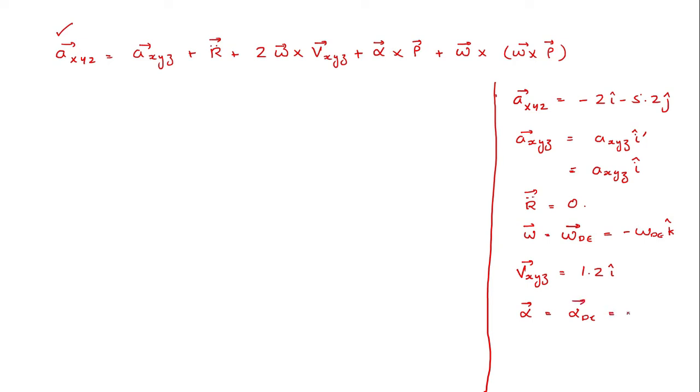We can represent it as minus alpha DE into k cap. And finally the rho vector, which is equal to 0.4 into I dash cap, is equal to 0.4 into I cap.